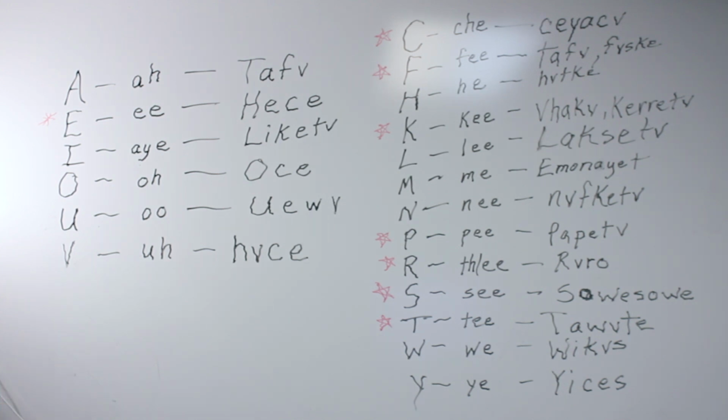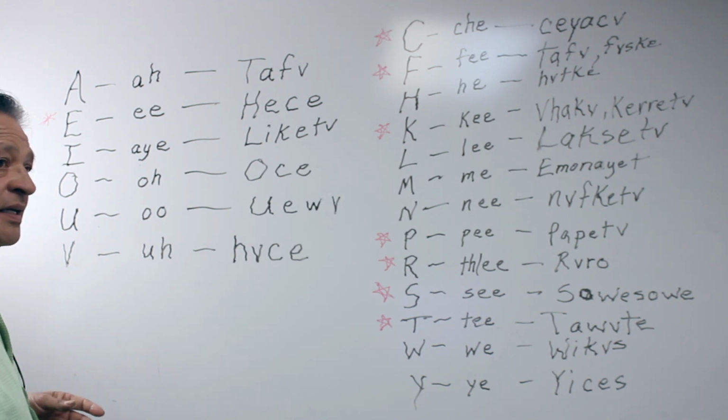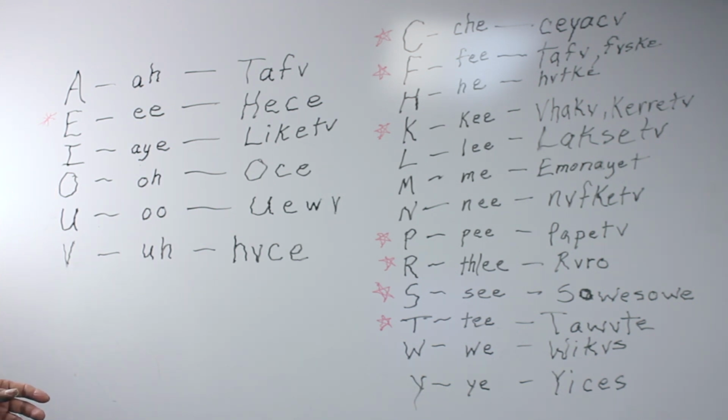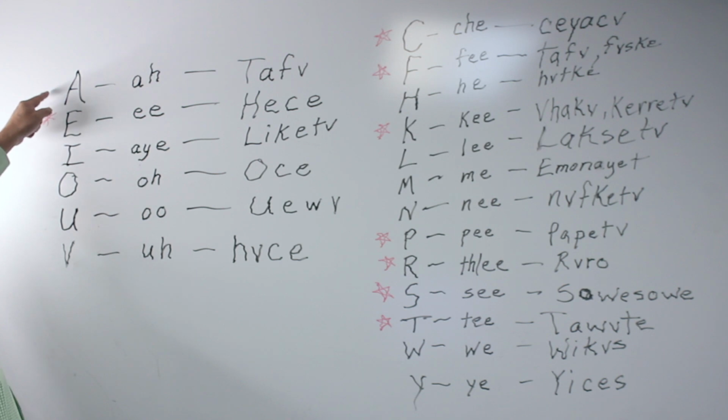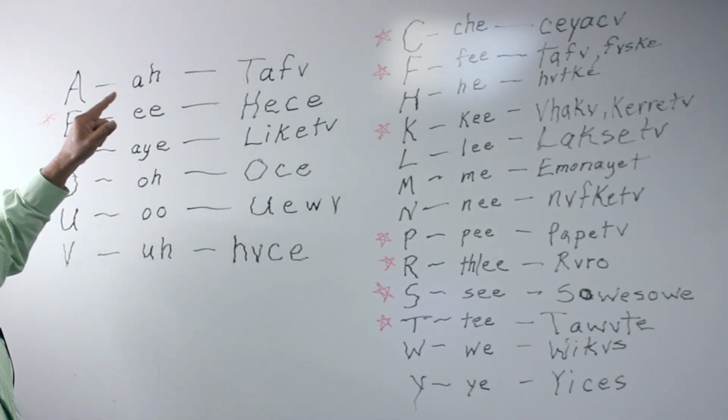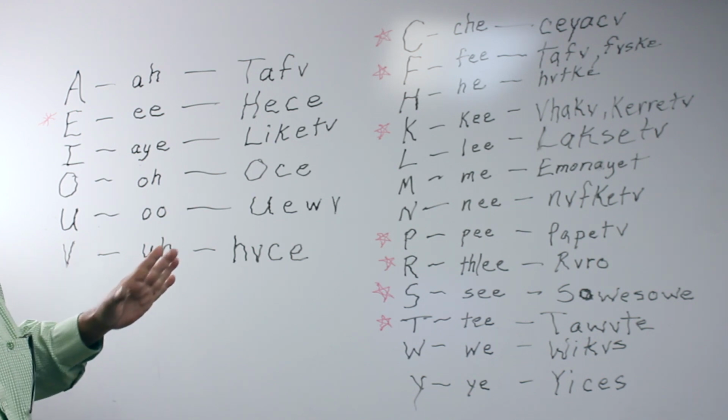The first vowel is the character A, and it's pronounced ah in all the words that it's used in, with no exceptions.